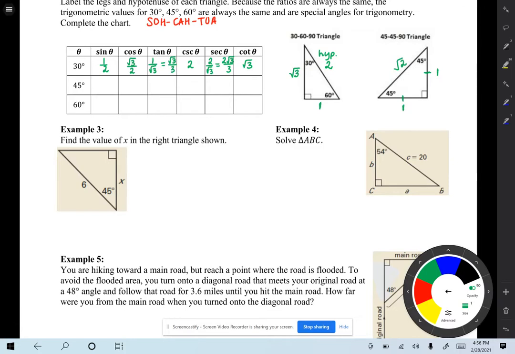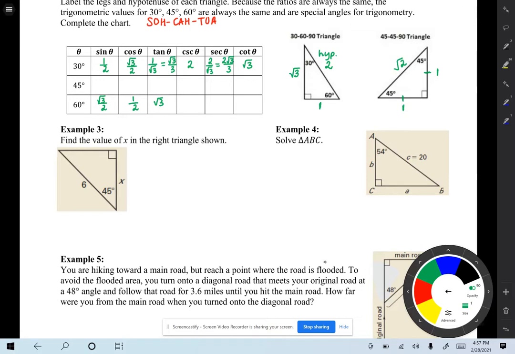Okay, now let's jump down to sine of 60 degrees. Looking from the 60 degrees perspective, it'd be square root of 3 over 2. Cosine of 60 degrees would be 1/2. Hopefully you realize that you just switch from when it was sine of 30 degrees. Tangent of 60 degrees is square root of 3 over 1.